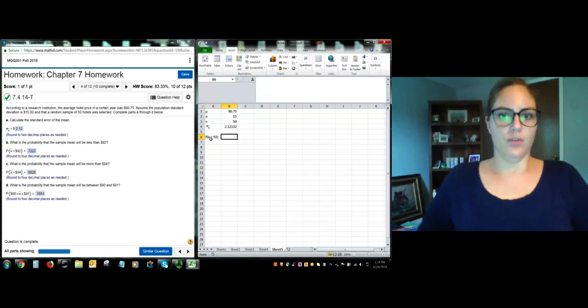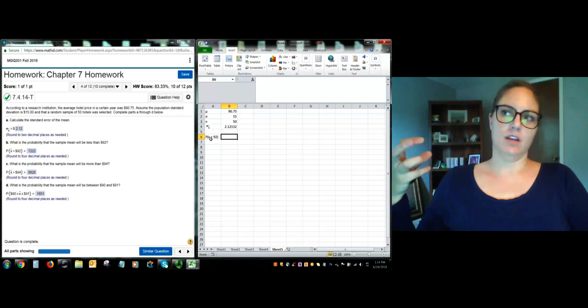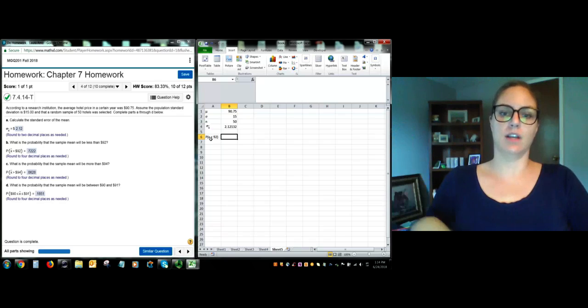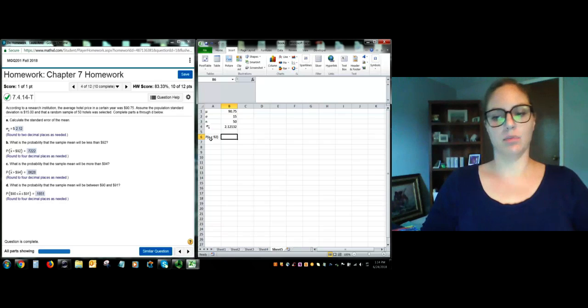If we know that the population average mu is 90.75 with a standard deviation of 15, I'm grabbing 50 hotels and I calculate their average. What's the probability that it's going to be less than or equal to 92, given that I know what the actual population parameter is? So the first thing we have to do is convert this to a z-score.